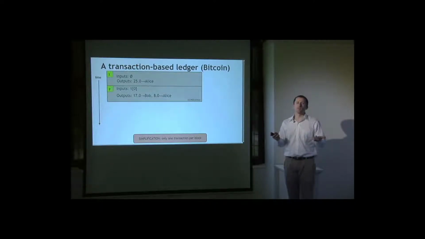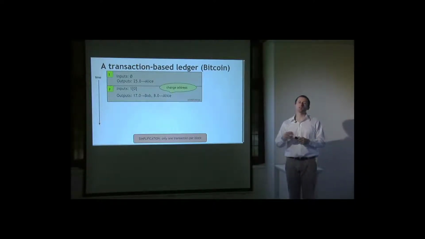so that we know that Alice actually wants to do this transaction. And now you might ask, why does Alice have to send money to herself here? She's taken the 25 coins that were assigned to her in transaction 1. She only wanted to pay 17 to Bob, and she has to have a new output where 8 coins are sent back to herself, possibly to a different key, but to herself. So this is what's called a change address.